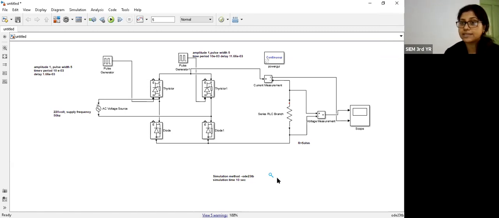The pulse generator specification is very much important. If the calculation of pulse generator is slightly wrong, or if you are not able to calculate the particular firing delay, then you will not get the desired output waveform. Okay, so please write down the pulse generator specification, and that is very much important.